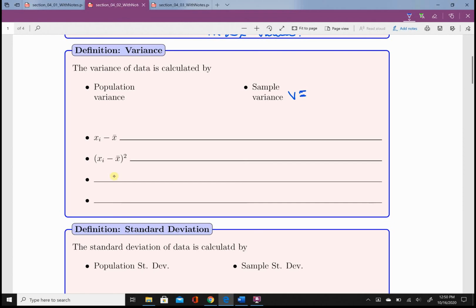V is going to be basically S squared, which is the sum of the differences between each observation, so that's x sub i, and the sample mean, all over 1 less than the sample population size.